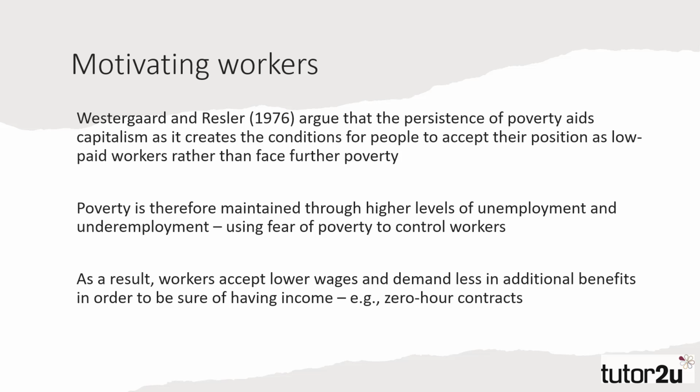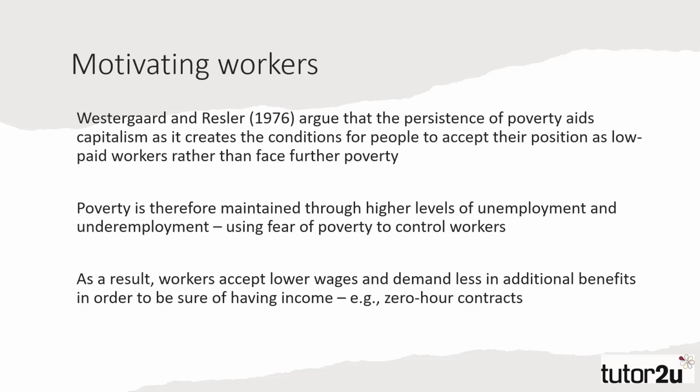According to Westergaard and Ressler, the persistence of poverty is intentional in society as it aids capitalism. This is because people are less likely to challenge their position as a low-paid worker in society if it means losing their job and descending further into poverty. This is a common Marxist viewpoint that limiting access to resources is used as a tool to ensure workers remain compliant.